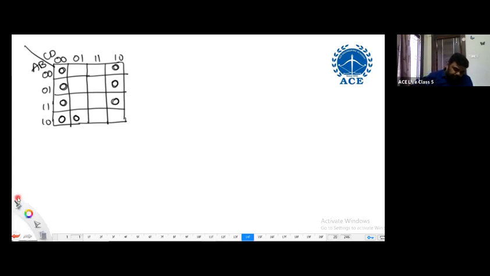First grouping. This is one grouping. This is second grouping. And this is third grouping. There is vertically another fourth grouping. This is essential grouping. This is essential grouping. This is also essential grouping. Now, these essentials are covering all the max terms.